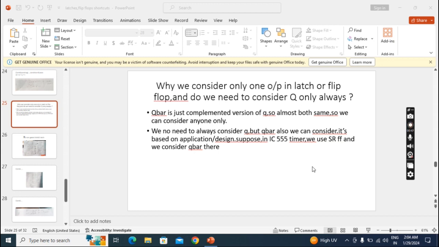If we observe Q and Q bar, whatever output we are getting at Q, its complemented version we are getting at Q bar. So it's almost the same, just a complemented version. That's why we can take any one. Mostly we consider Q, but it doesn't mean we always should consider Q. We can consider Q bar also.